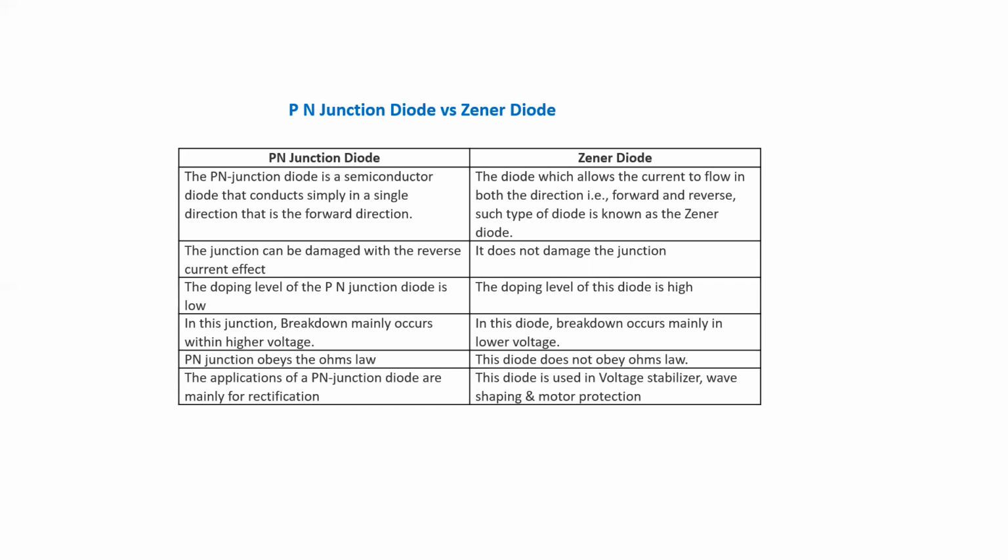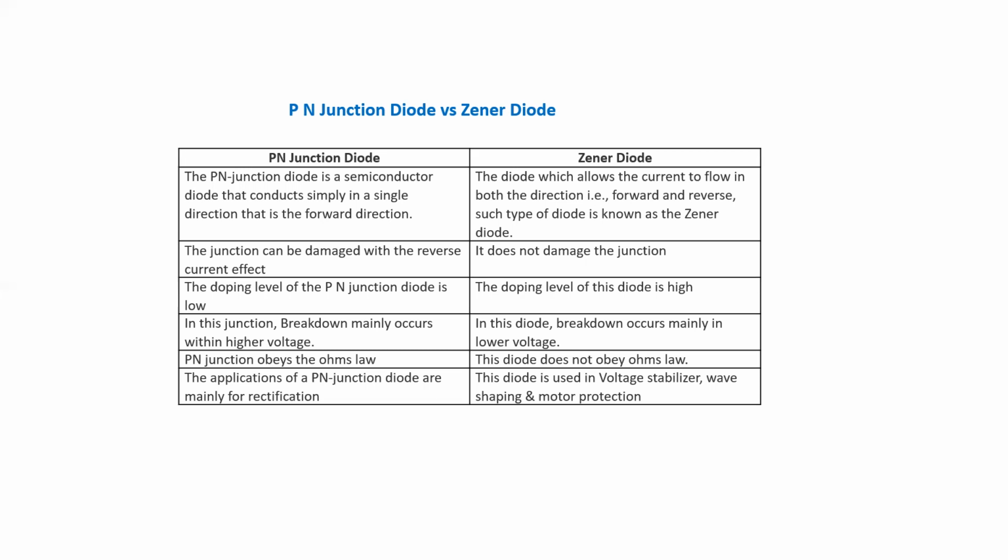The second point: the junction can be damaged by reverse current in the PN diode, but this is not the case for the Zener diode, which is not damaged because it is heavily doped. The doping level of the PN junction diode is low, whereas the doping level of the Zener diode is very high.